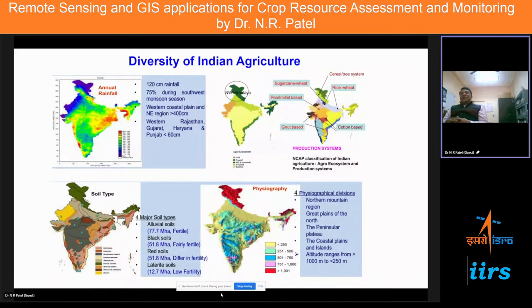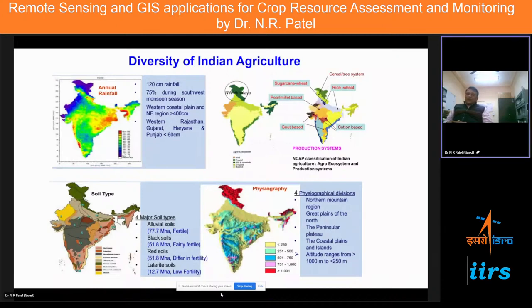If you see rainfall, there is less than 250 mm rainfall in the desert, up to 2000 mm rainfall in Kashmir or Himachal Pradesh. So climate design ranges from arid to almost per humid. Similarly, soil types: there are loamy sand, gravelly soil, clay soil, as well as lateritic soil.